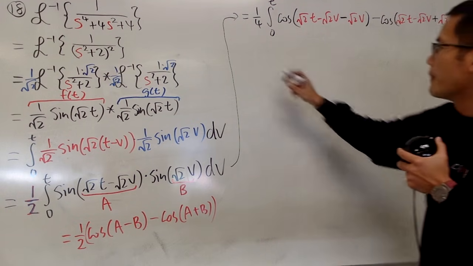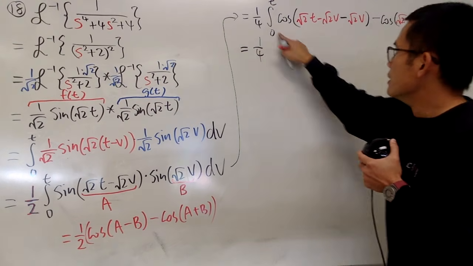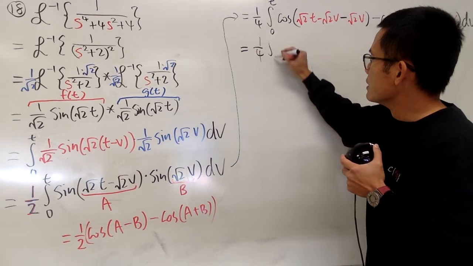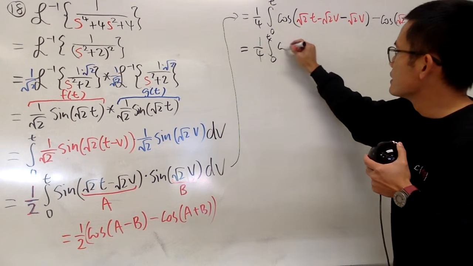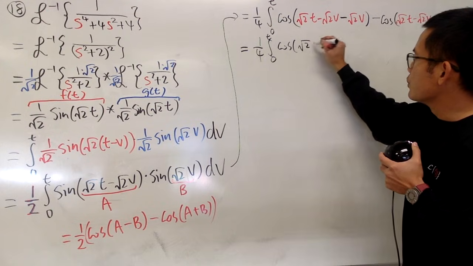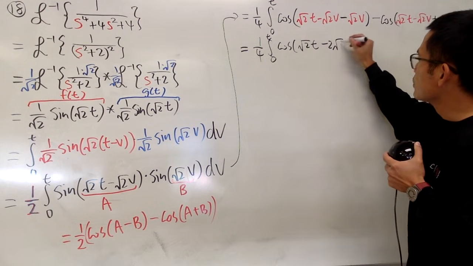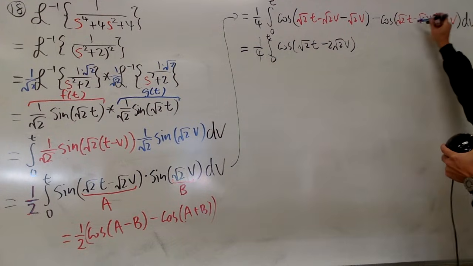d phi. Now, all the way in the front, we have 1/4. So this is integral from 0 to t, and this is cosine. This and that can be combined, so we have square root of 2t minus 2 square root of 2 phi, and this and that can be cancelled.